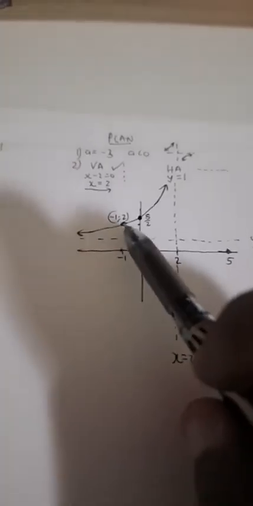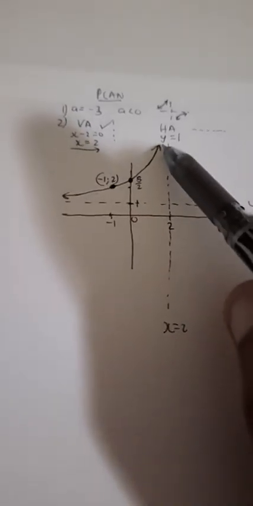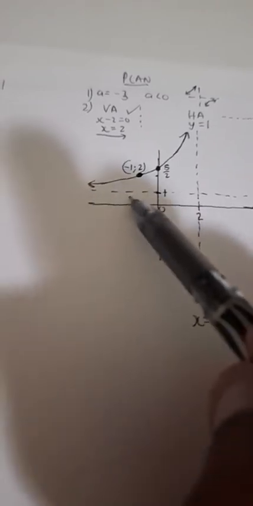Just write (-1, 2) for our point here, and then obviously this is the y-intercept. So when you have two points like that, you can see the shape of the arm, from one point to the next. It is a smooth curve, approaches the vertical asymptote but never touches it. Then the curve, as it curves towards the horizontal asymptote, also approaches this asymptote but never touches.